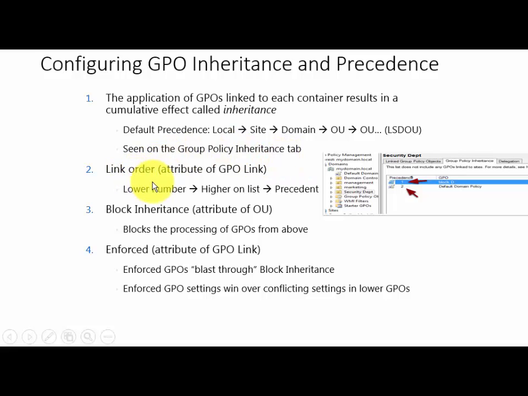What is the link order if there are two policies linked in the same container? So there is an OU called accounts, and there's one policy linked that blocks the desktop.